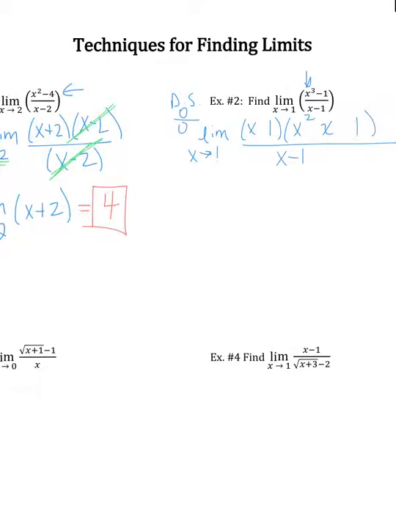And the signs, remember, were SOAP: same, opposite, always positive. Once again, this factor cancels with the one on top, and I'm left with the limit as x approaches 1 of x squared plus x plus 1. I put in 1's all the way through, and that's an answer of 3.